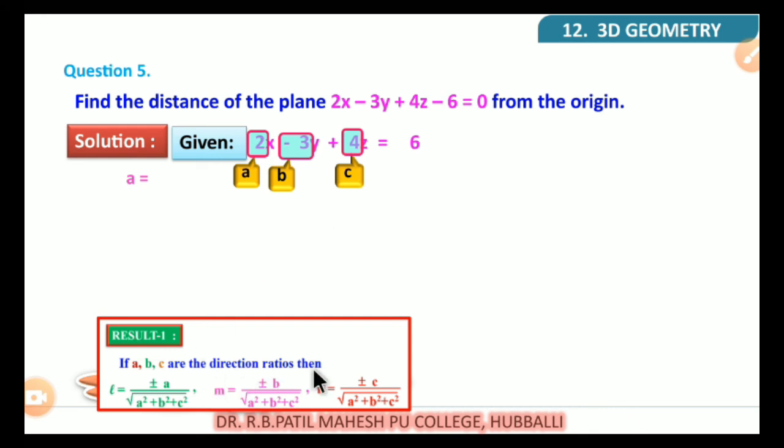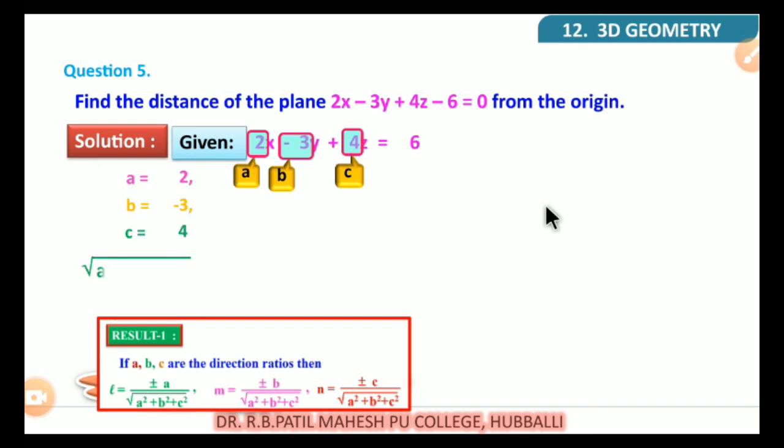If A, B, C are direction ratios, then you can find L, M, N, because this 6 is not the distance of the plane from the origin. So here we have to find the direction cosines. After that you can get the value of the distance from the origin. Therefore A is equal to 2, B is equal to minus 3 and C is equal to 4.